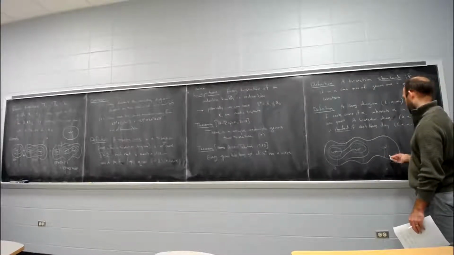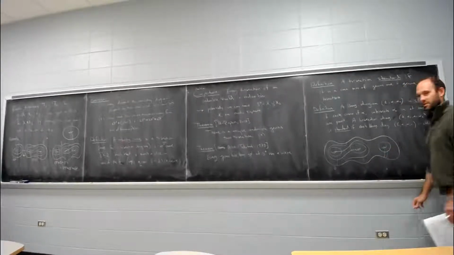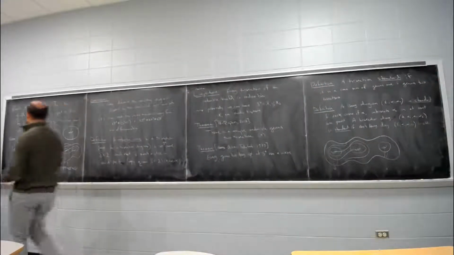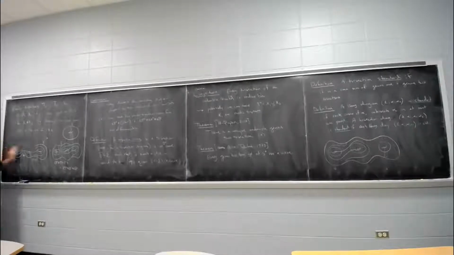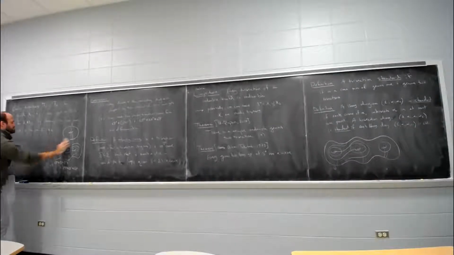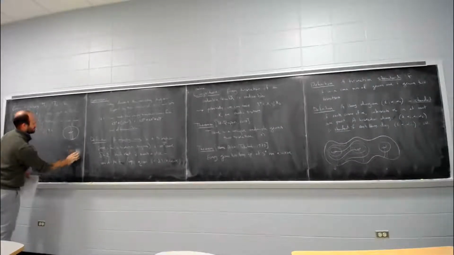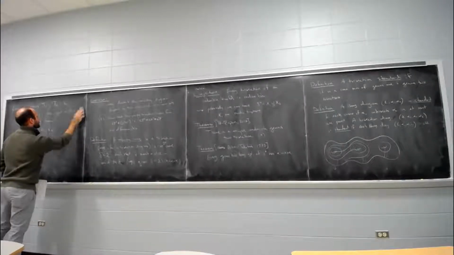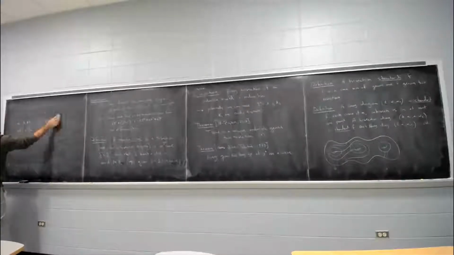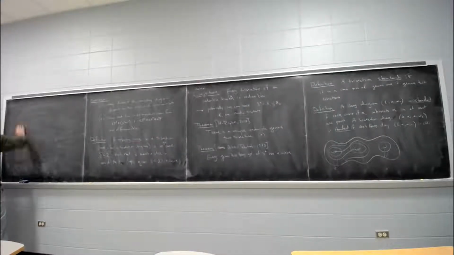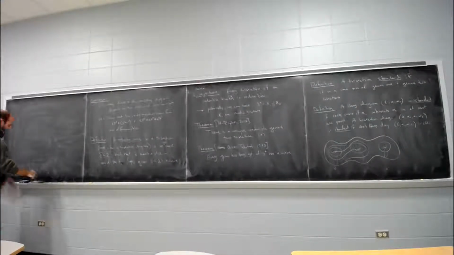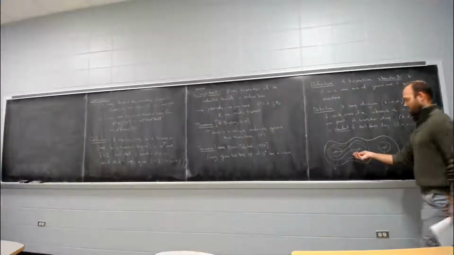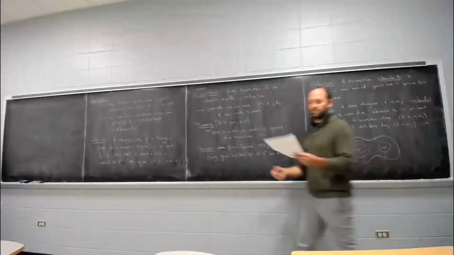So I guess another way to define standard for a trisection diagram would be to say that it's the connected sum of genus 1 diagrams with copies of this diagram.